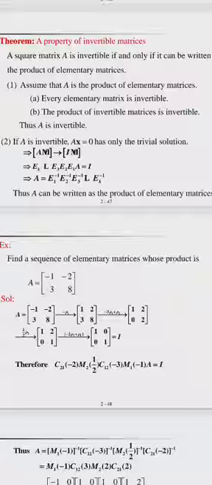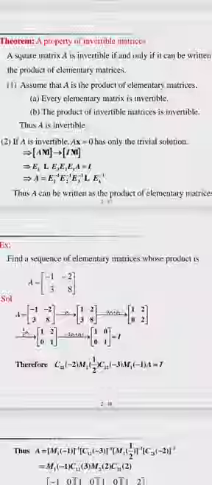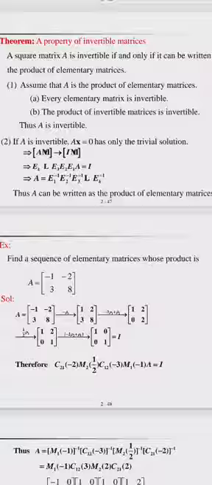Then A being invertible implies a sequence of elementary matrices Ek, etc., E3, E2, E1 such that Ek ... E3 E2 E1 A equals the identity matrix.